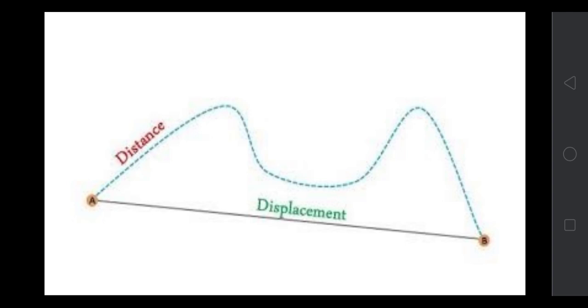So I'll say here an object is moving along two paths from A to B. The first path is very curvy, that is distance, and the second path is displacement. By the meaning you can understand that displacement is displacing something from point A to point B.